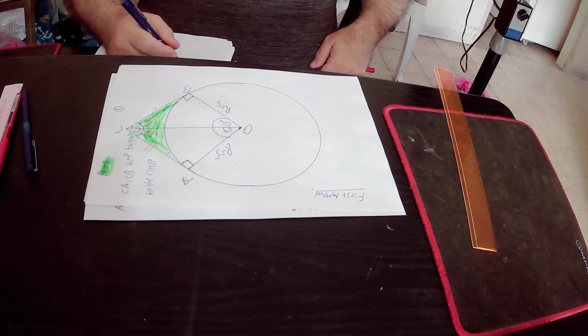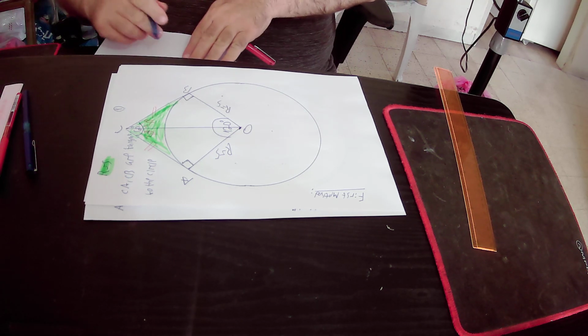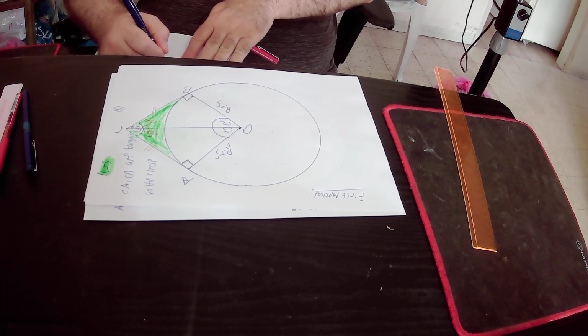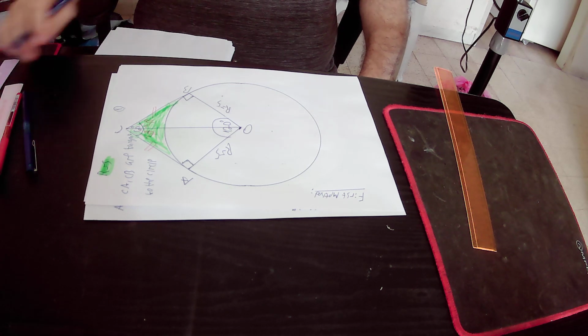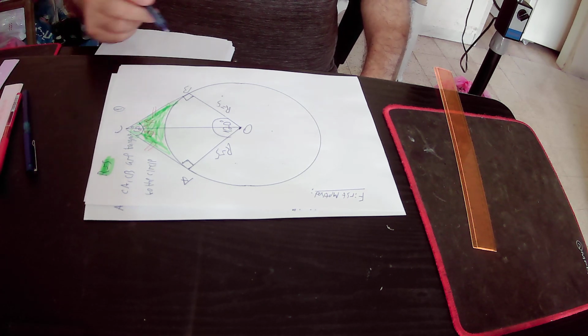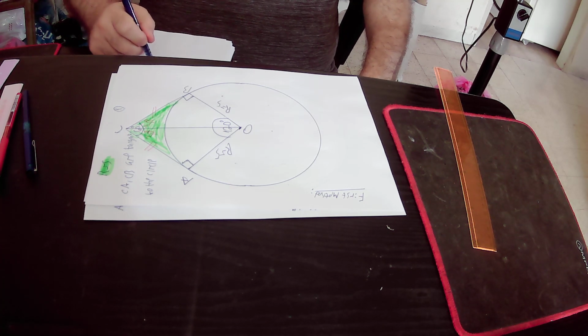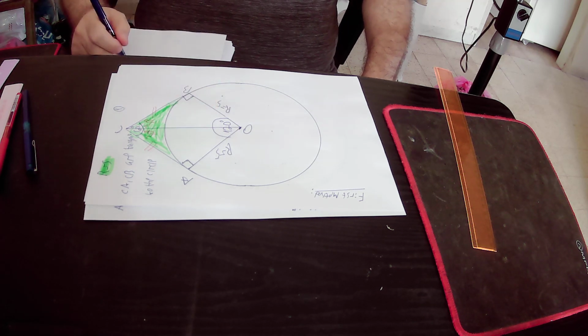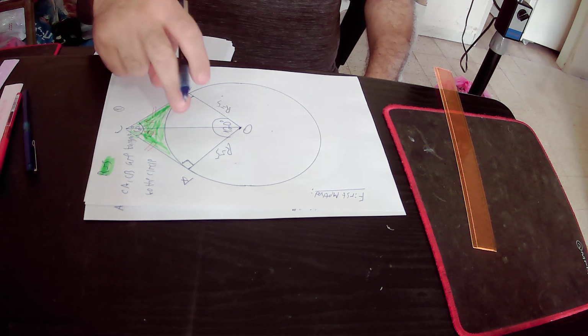So in the right triangle AOC, we know that tangent 30 degrees equals AO over AC.